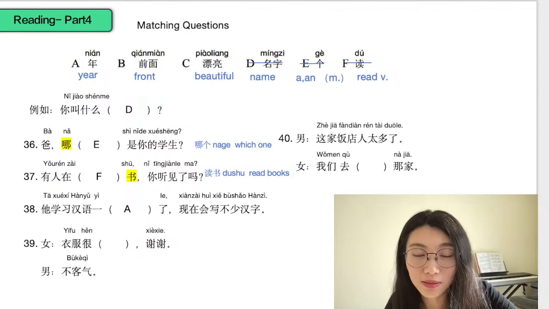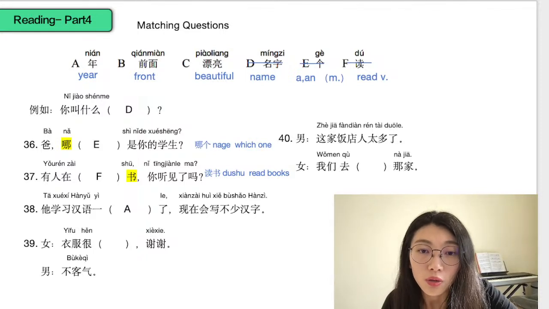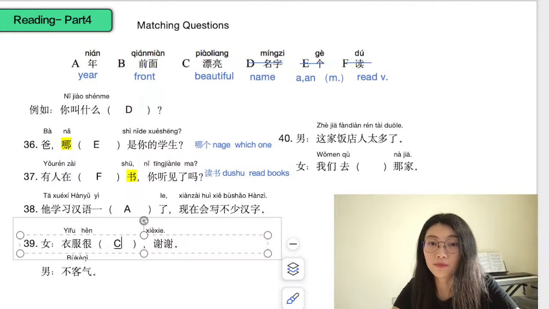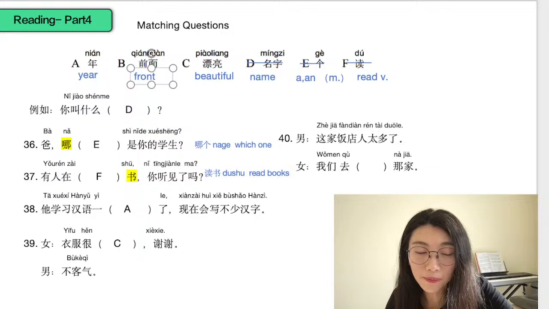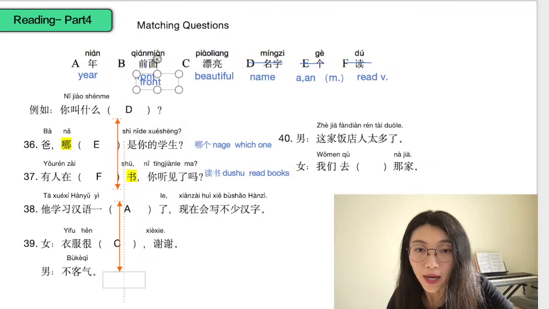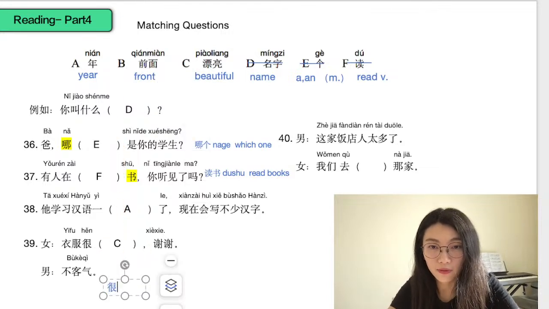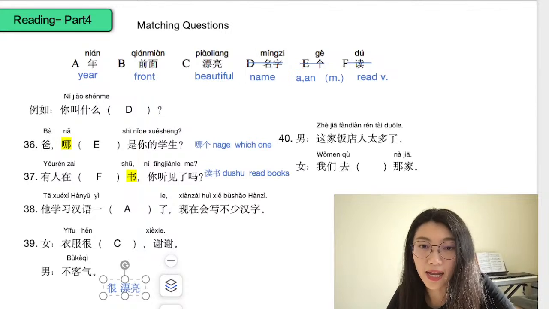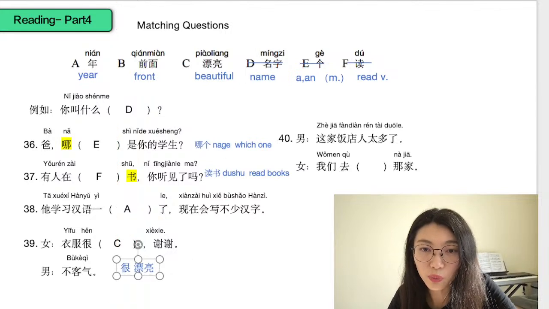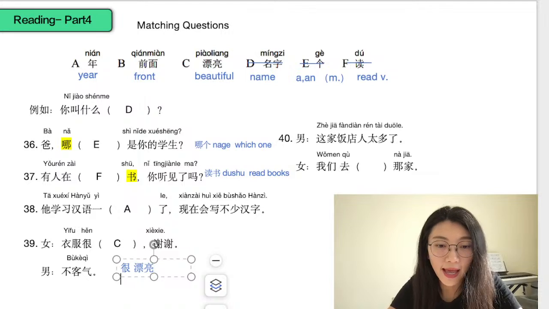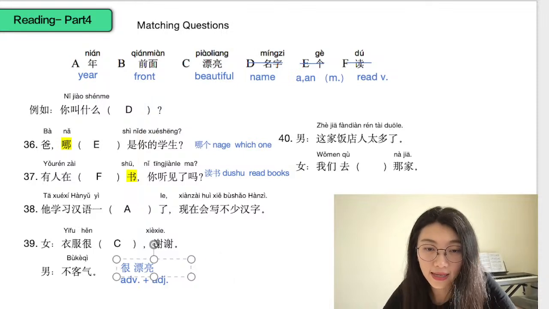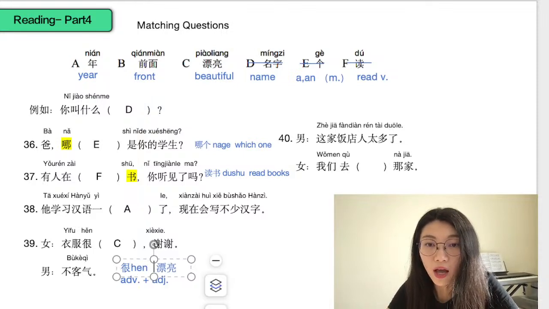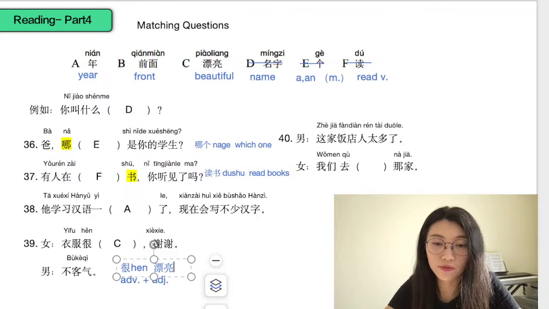So that's a unit. 好，39，衣服很怎么样？很漂亮. Here is a grammar. In Chinese we have the grammar adverb plus adjective. Here 很 is an adverb and 漂亮 is an adjective.